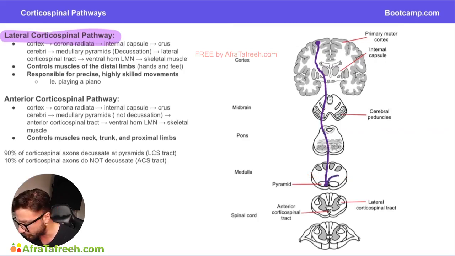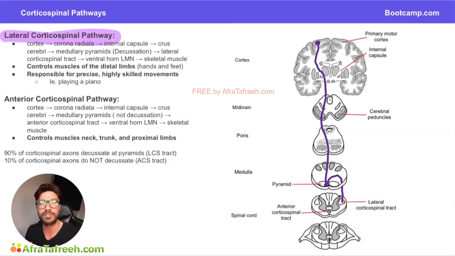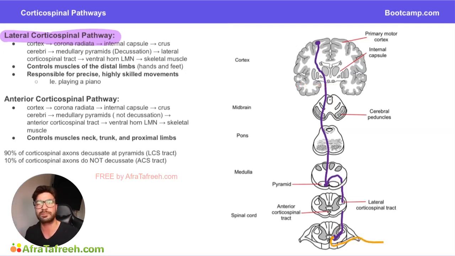So it's going to pass backwards and decussate, and it's going to continue to descend down our lateral corticospinal tract, which, if you remember, is going to be that area just lateral in that lateral column. So it's going to continue to descend, and then once it reaches that target spinal level, it's going to synapse with a lower motor neuron found in the ventral horn, and then that lower motor neuron, of course, is going to exit and go and stimulate that specific muscle.